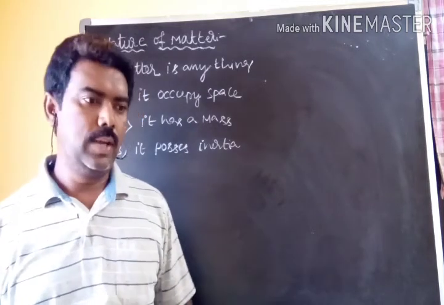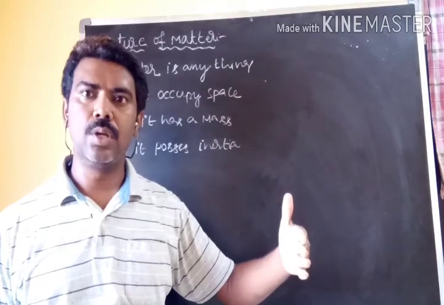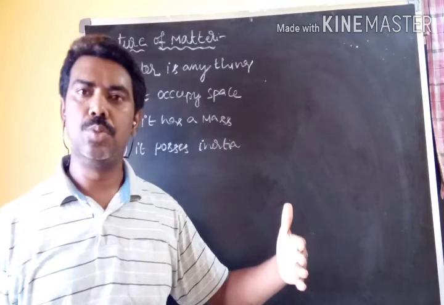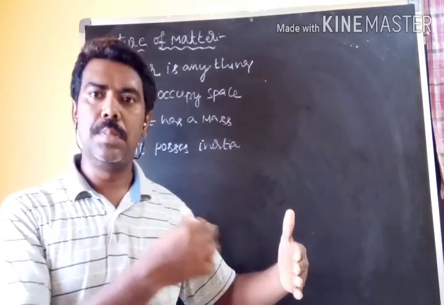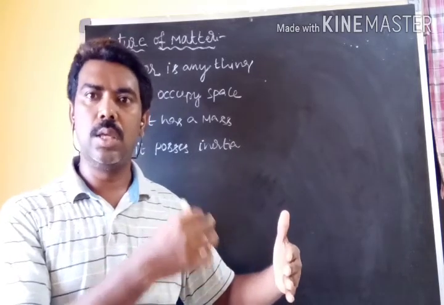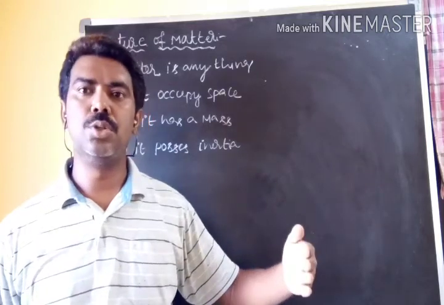For example, a person is present in a standing position. Without applying an external force, the person cannot change position. And whenever force is applied on the person, the person can resist and oppose the change in position.